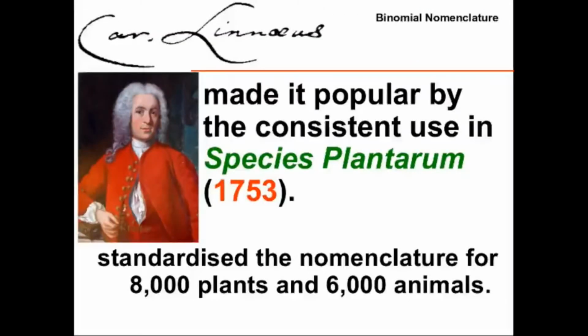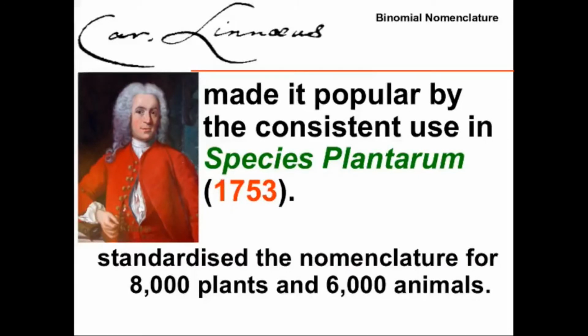Now we can think about the contribution of Carl Linnaeus. He made it popular by the consistent use in his book Species Plantarum, 1753. That book and that year are considered the starting point of the modern plant nomenclature or modern binomial system.